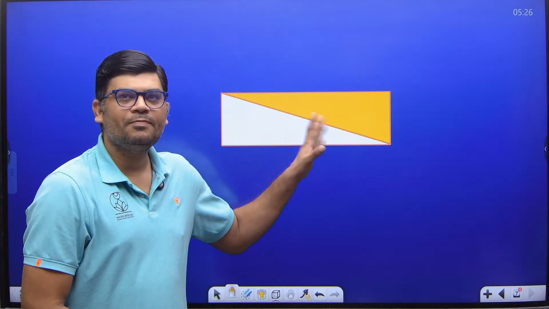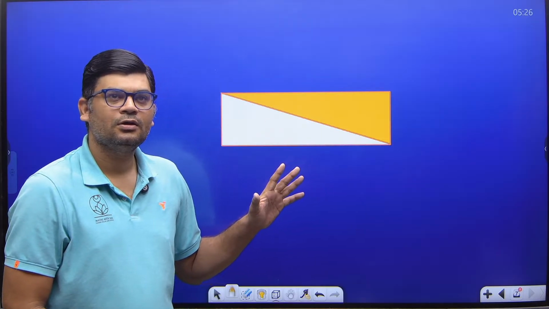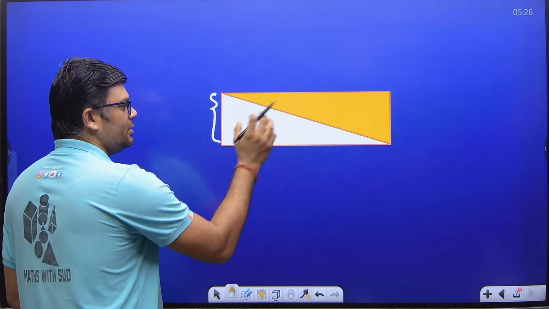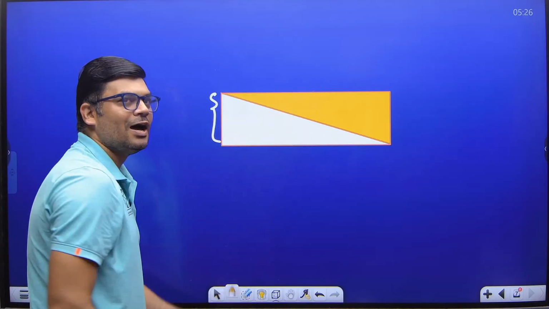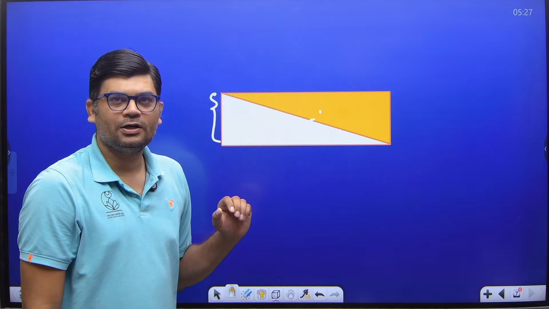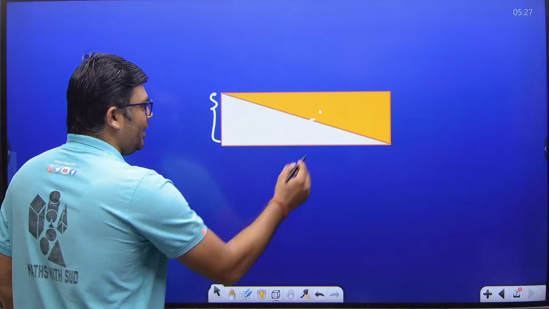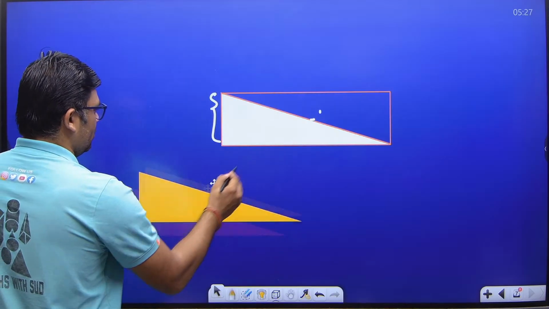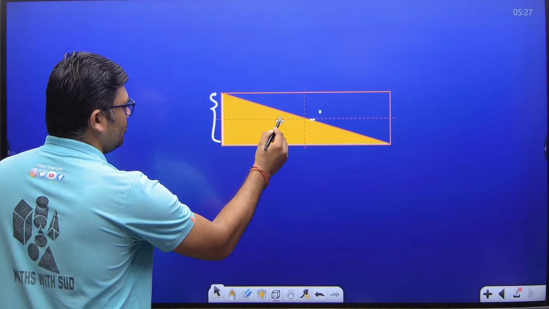Can you see both the parts are congruent? See, this rectangle is being divided into two halves. Both the parts are equal only. If I take out this part and superimpose it on this part, you will see that both are equal.